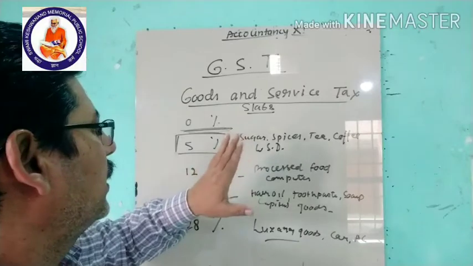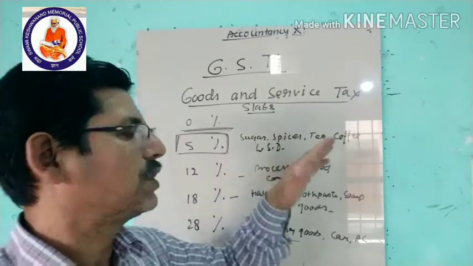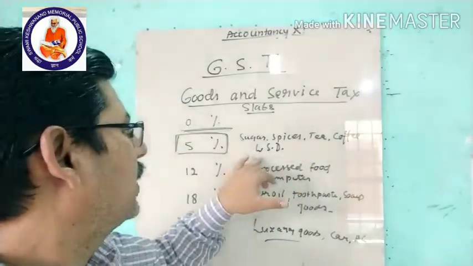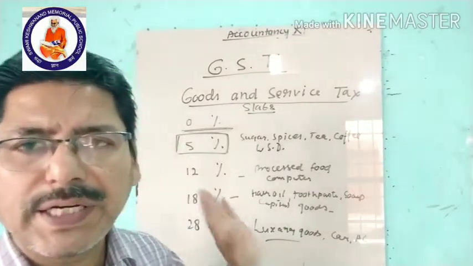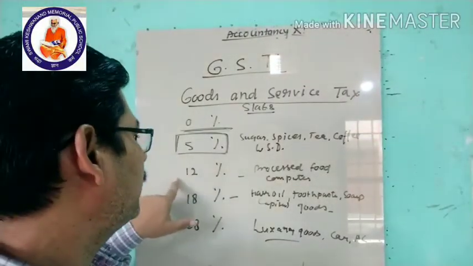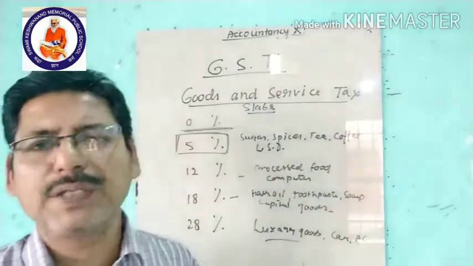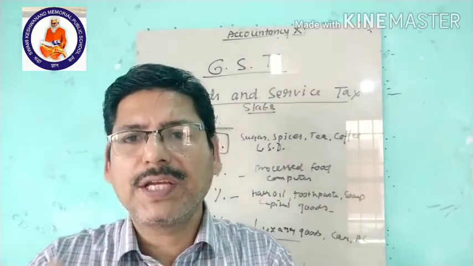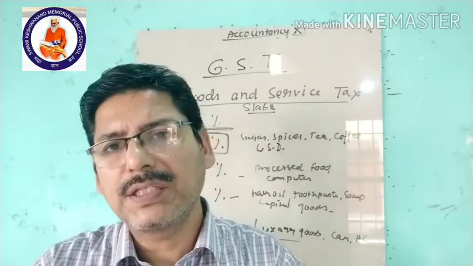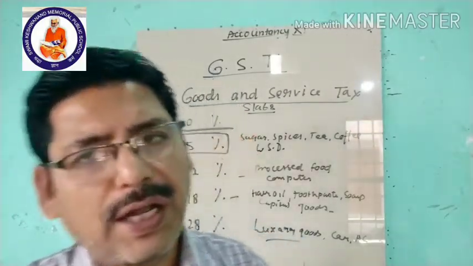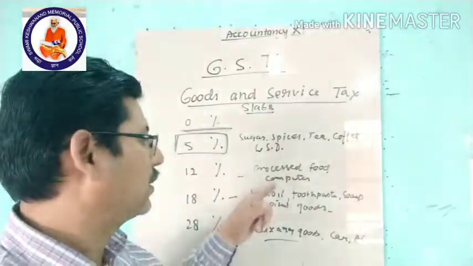The things on which 5% GST is applied are sugar, spices, tea, coffee, even life-saving drugs, etc. Then when we say 12%, it is applied on processed food. Processed food means packed food, like chips, namkeens, such type of things. So 12% tax is levied on that.